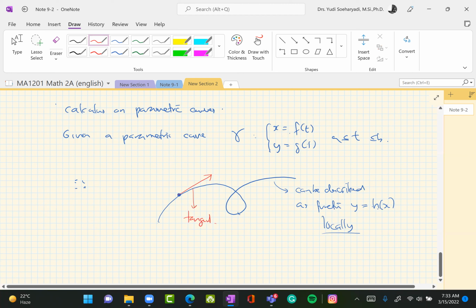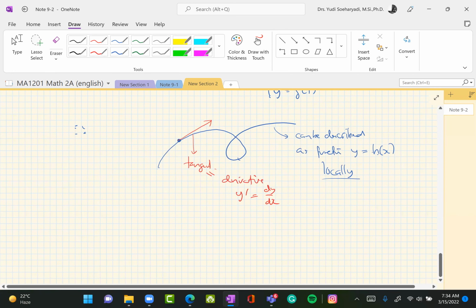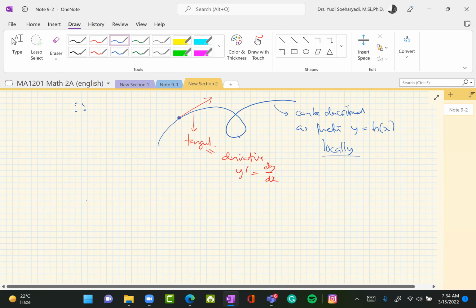So this tangent. We know tangent is derivative. So what's the derivative? Okay, so the derivative is dy dx, right? So how to compute dy dx if you're given the information of x and y in parametric form? Okay. So this is the idea.